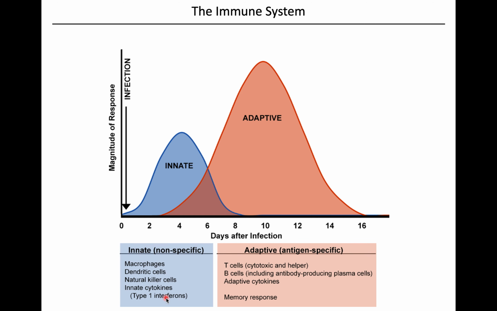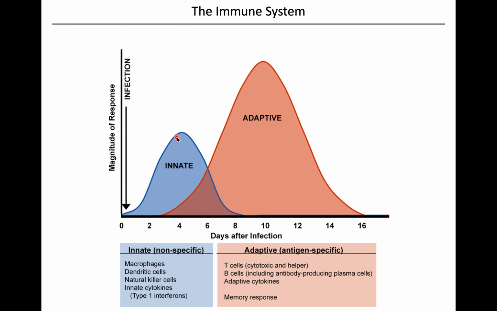So this graphic illustrates the relationship between the innate and the adaptive immune systems. Here on the x-axis, you're looking at the number of days after an infection occurs, right? Here's infection at day 0. And then on the y-axis, we've got the magnitude of that immune response. You can see the innate immune system kicks in very quickly, right away, peaks maybe about 4 days after infection.